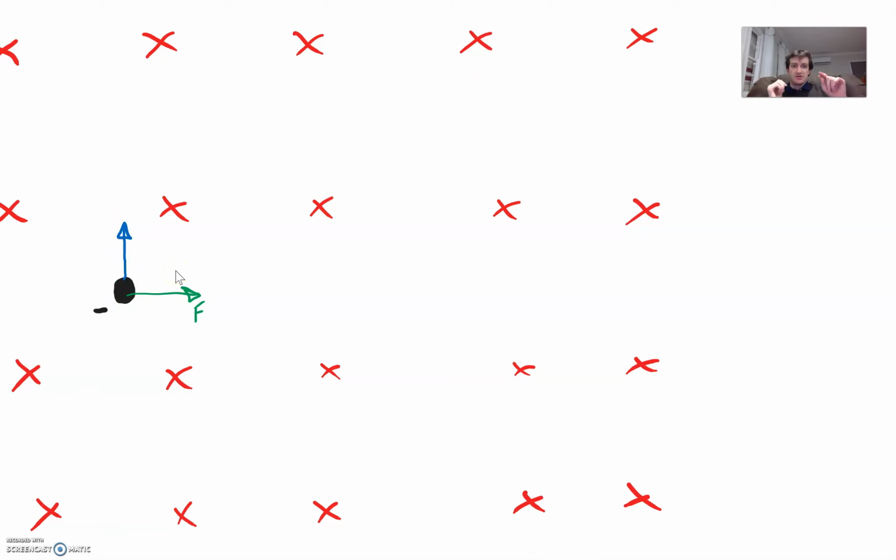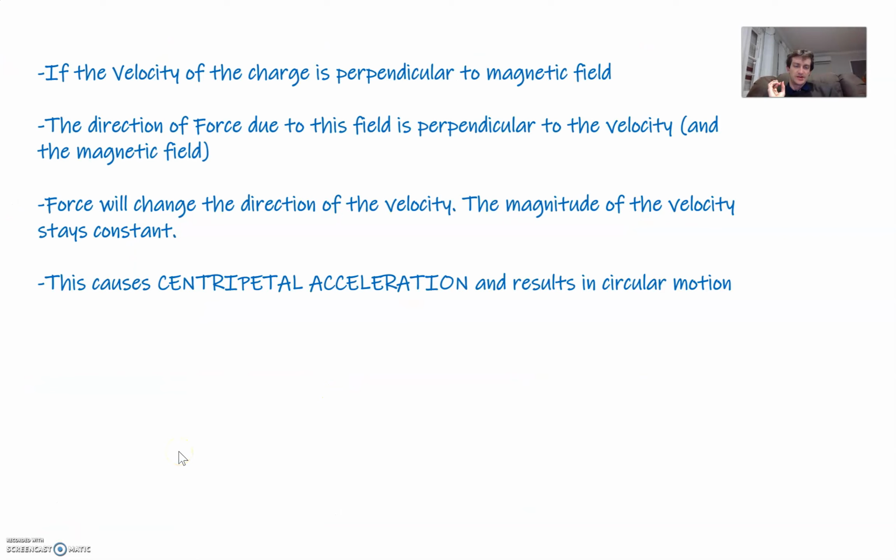So we still get a circular path, but circling in the opposite direction to the positively charged particle. This one is going to go around in a clockwise direction, whereas the positively charged one we saw was going in an anti-clockwise direction.